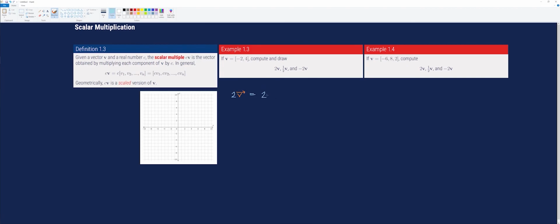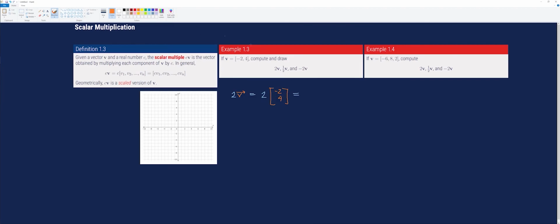So this is equal to 2 times the column vector negative 2, 4. So I converted the row vector v into its column vector. To perform the operation, we will multiply each component by 2.